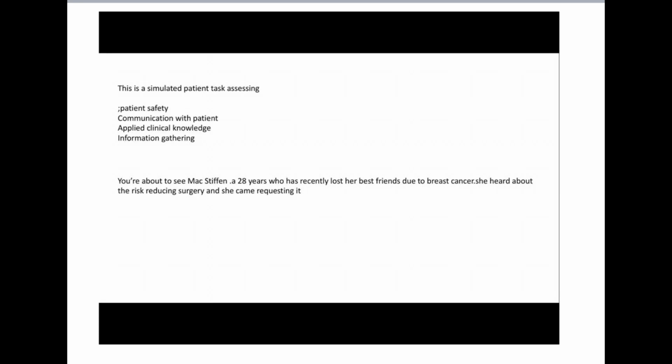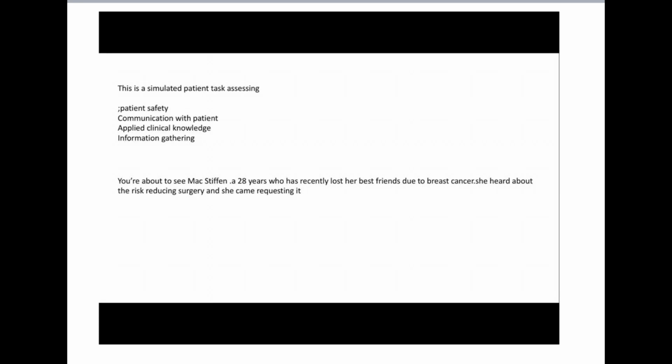The first station you may face in terms of risk-reducing surgery is a patient who doesn't have any risk factors, and she has experienced the loss of one of her best friends or one of her close relatives due to breast cancer or ovarian cancer, and she just knows that if she removes her ovaries, she will be protected from that kind of cancer.